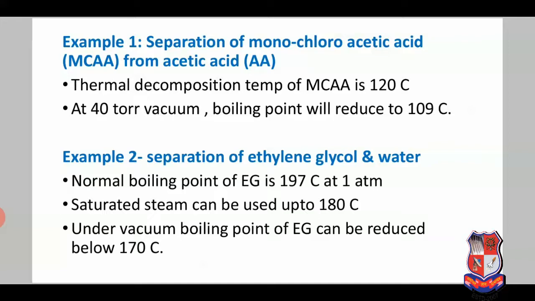It is the limitation of saturated steam that you have to use it below 180 degrees Celsius. But if we carry out this operation in vacuum, then it is possible to reduce the boiling point of ethylene glycol below 170 degrees Celsius. So now you can use saturated steam instead of superheated steam or heating oil.